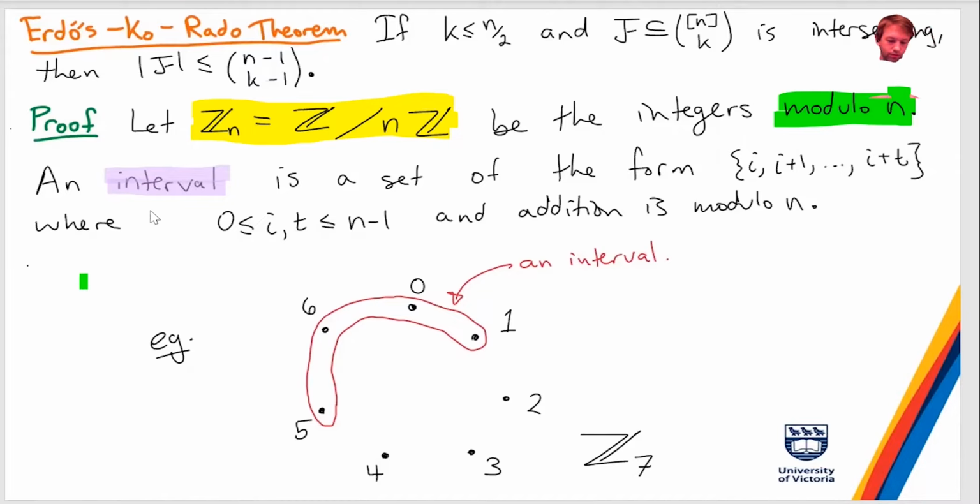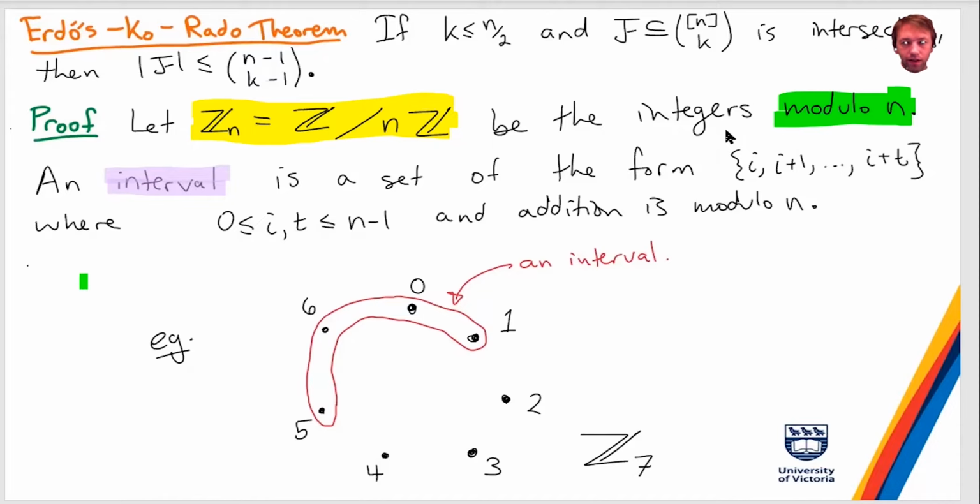Think about the integers modulo n as being on a circle. So 0 is somewhere, and then we've got 1, and I'm going clockwise here. Imagine they're on a circle. I'm going to say an interval is a set of consecutive numbers on the circle.